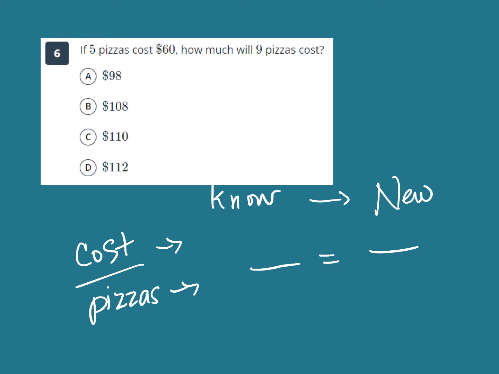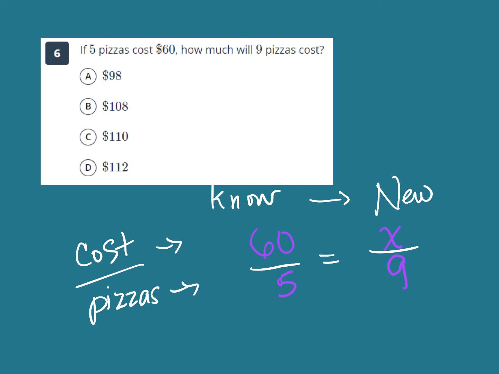So what we know is that 5 pizzas cost $60, right? So the cost is on top. I know that $60 is going to buy 5 pizzas. We're trying to find out how much 9 pizzas will cost. So I'm missing the cost, right?